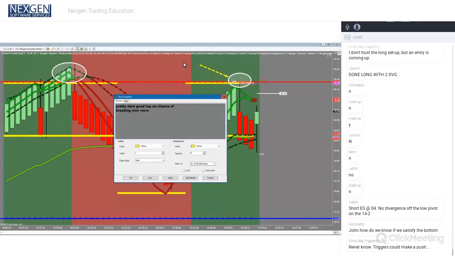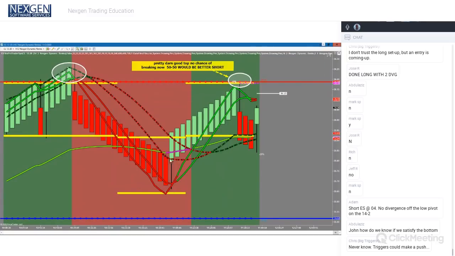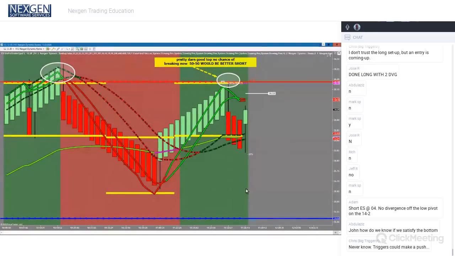Now, again, it may retest it or whatever, but 50-50s, if we even get one, would be better. Now, we're not even close to the right triggers for going short, so forget about it.